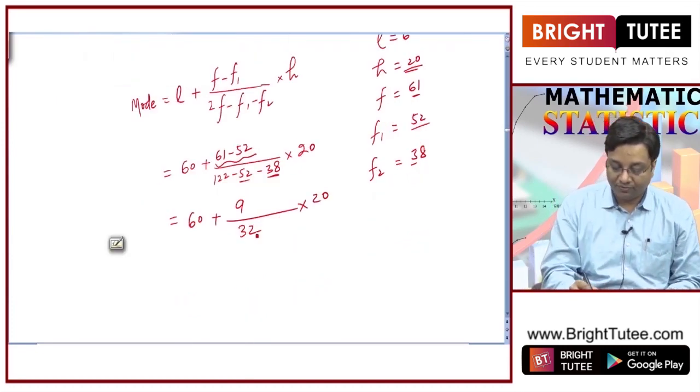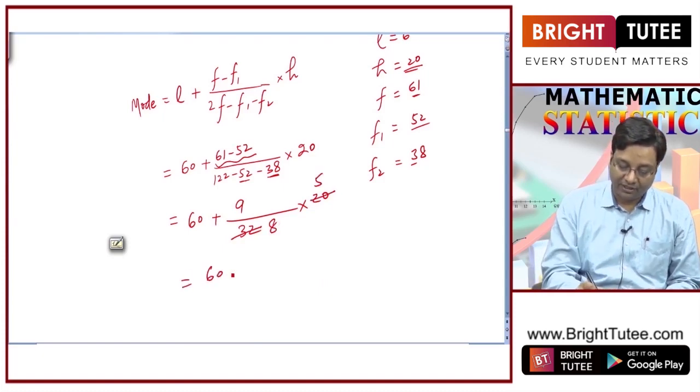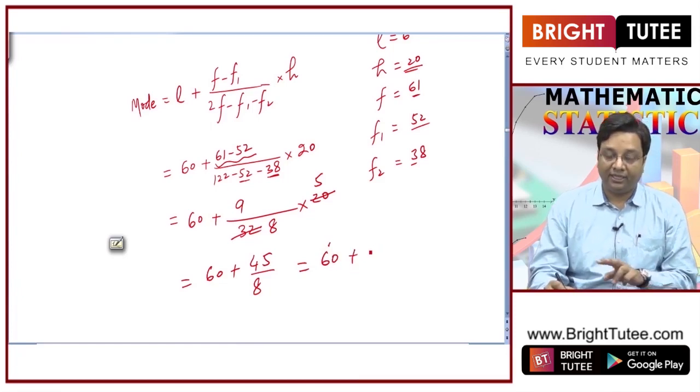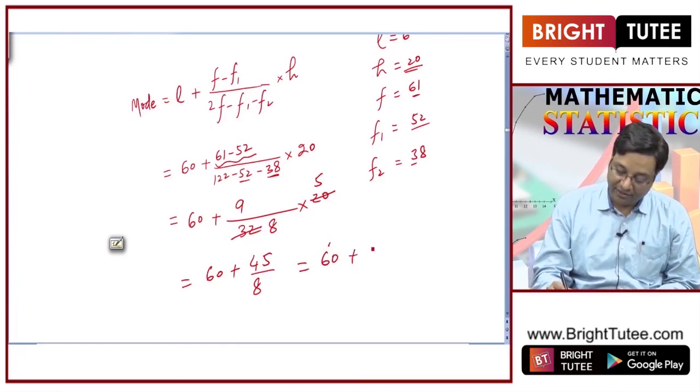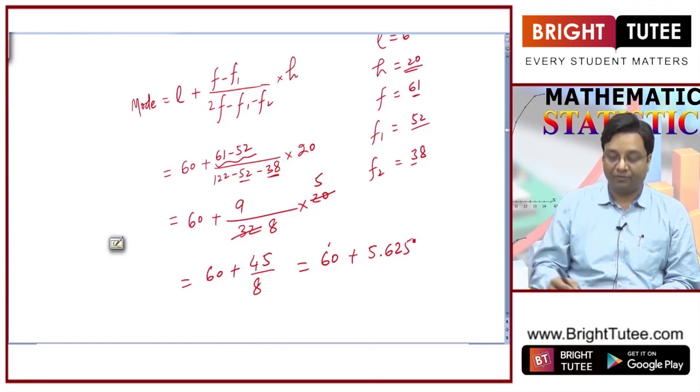Now it is just the calculation part. 4 8s are 32, 4 5s are 20, so 60 plus 45 by 8, and if you further simplify it, 8 5s are 40. So 5 point, now 8 6s are 48, 8 2s are 16, 8 5s are 40.